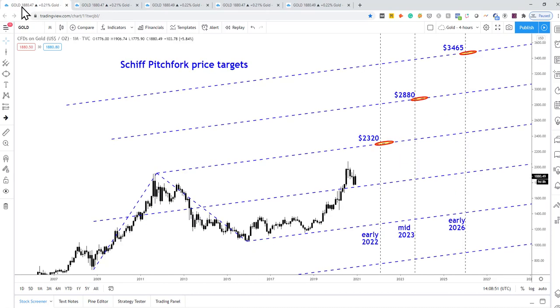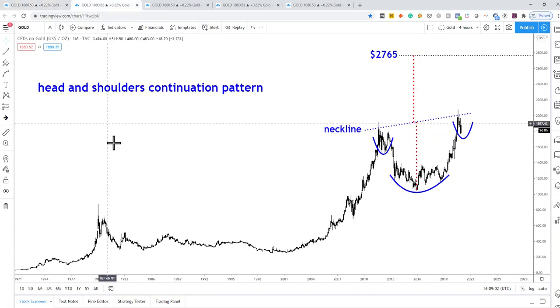And let me point out that in all of these charts, we are looking at the monthly time frame. I wanted to eliminate as much noise as possible, so I focused on the monthly time frame. Here we're looking at the head and shoulders continuation pattern. Some people call this the head and shoulders bottom.